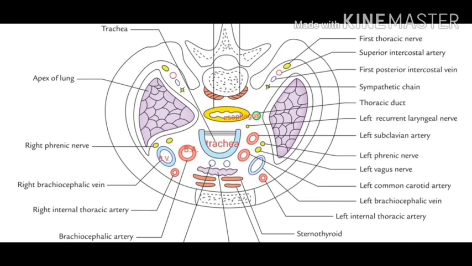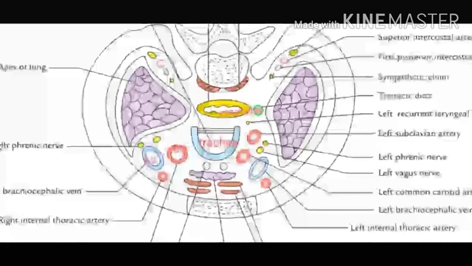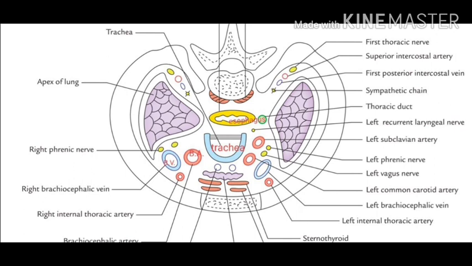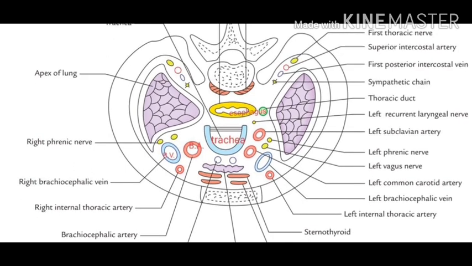You can see the large vessels: the brachiocephalic artery on the right side, the left common carotid artery and left subclavian artery on the left side, and the right and left brachiocephalic veins. Then the smaller vessels: the right and left internal thoracic arteries, right and left superior intercostal arteries, right and left first posterior intercostal veins, and the inferior thyroid vein.